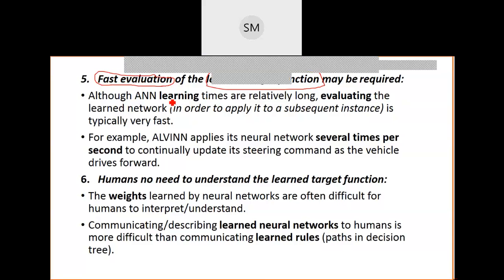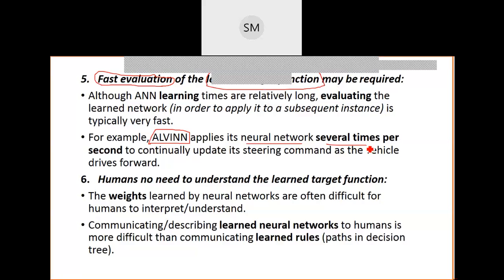Because the Alvin system is applying the artificial neural network so many times per second. Just imagine how fast that car is moving. I already told you it is moving at a speed of 112 per hour, so you can calculate how much distance it travels per second.